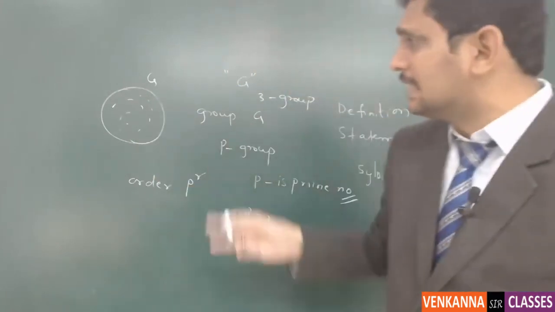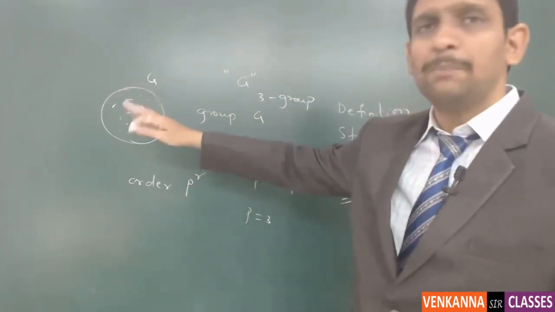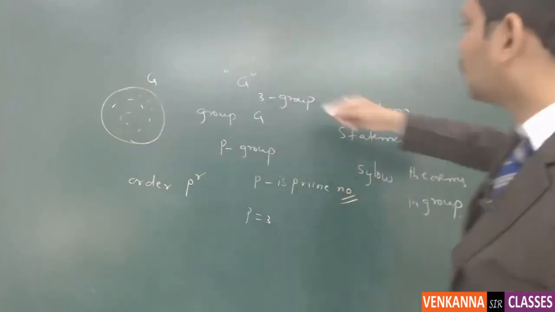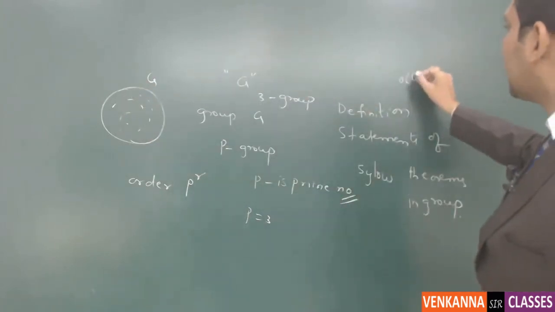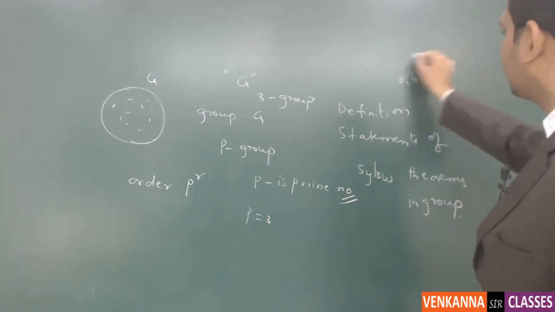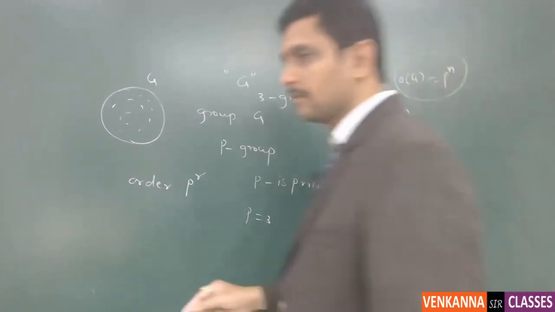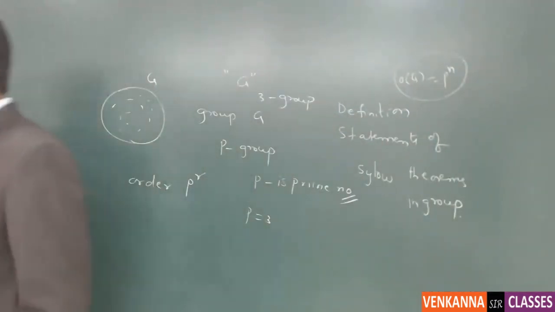Since each element has order p power something, the group itself has order p power n. Because each element has order p power r, the group itself possesses order p power something.